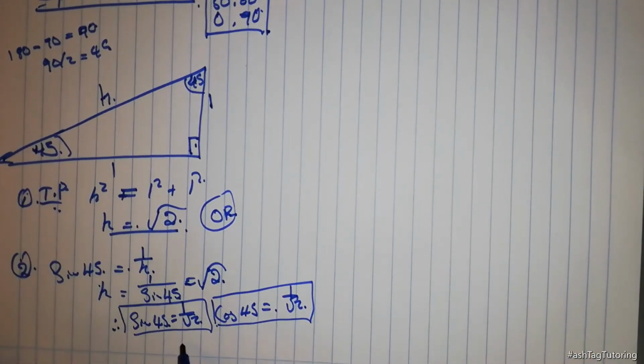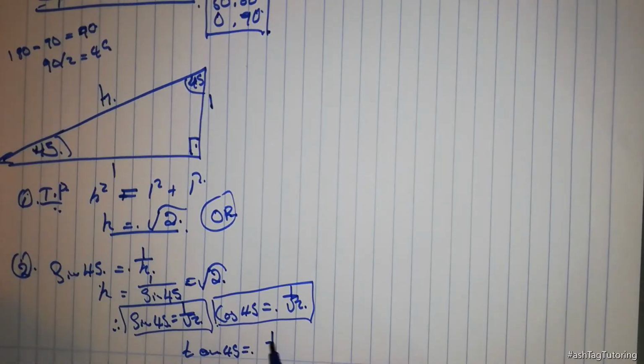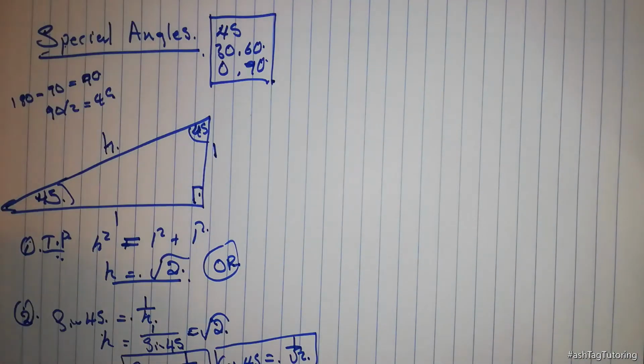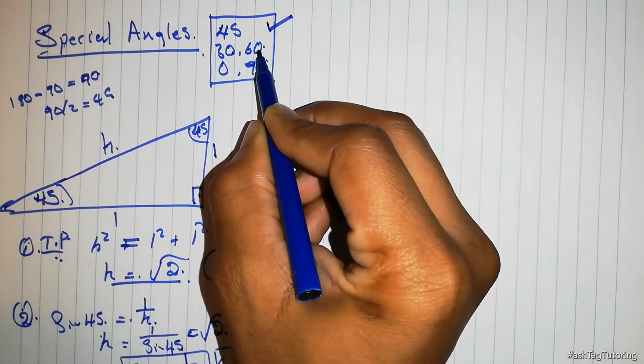Okay, we do the same for tan. In this case, tan 45 is opposite over adjacent, which is 1 over 1. That is equals to 1. Okay, so we are done with special angle 45.